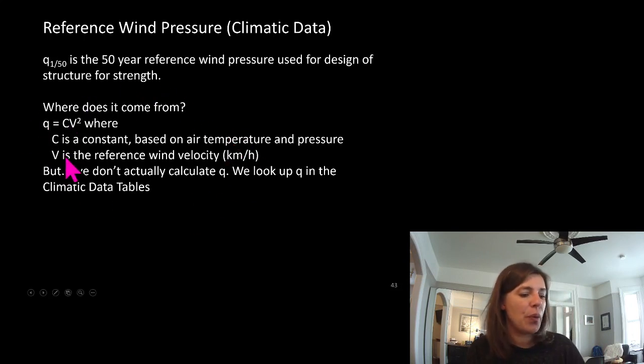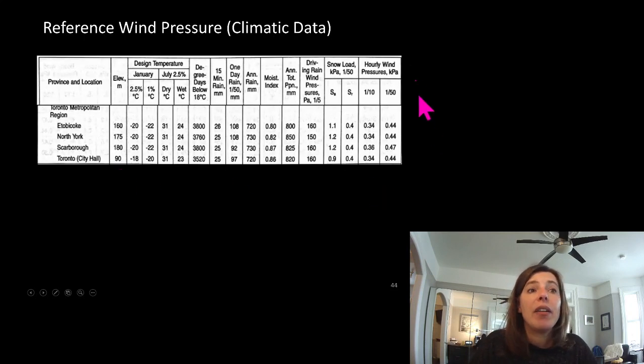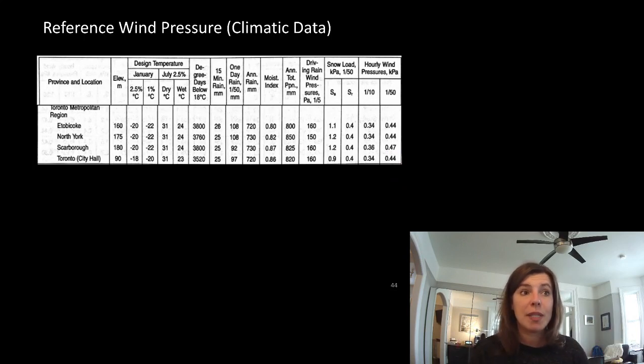We're going to look Q up. Here is that exact same chart we just looked at for our snow load. So here was our SS, and here was our SR, and here is our 1 day rainfall, and oh look, hourly wind pressure. 1 in 50 year storm right here. So we vary from 0.44 to 0.47 for our wind pressure that we would use, and then we would modify it based on our building circumstances.